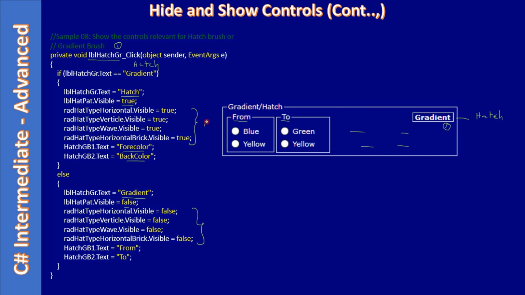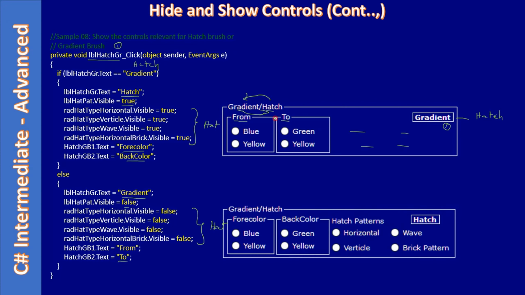Here if you see hatch brush, these are all the hatch brush related controls, and here we are disabling it. Then we are changing the label from fore color to from, that's what you are seeing here, then to. So it acts like a toggle, and you can switch the brush mode from gradient to hatch and hatch to gradient.